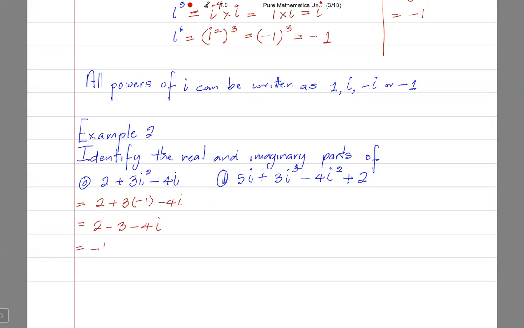This is -1 minus 4i. So the real part of the complex number is -1, and the imaginary part is -4. All right, so I want you to do B very quickly.